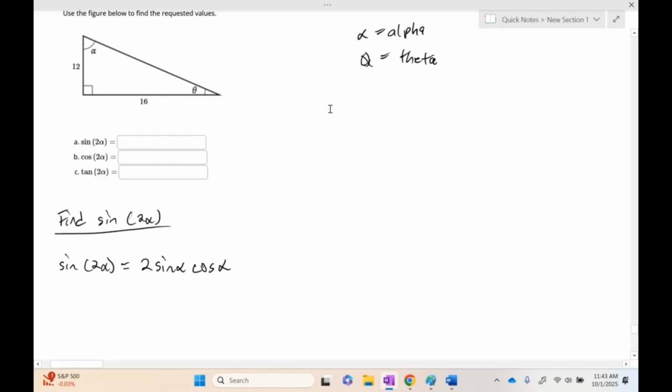In order to set up the trig function, the next thing we're going to do is label all sides according to the reference angle.